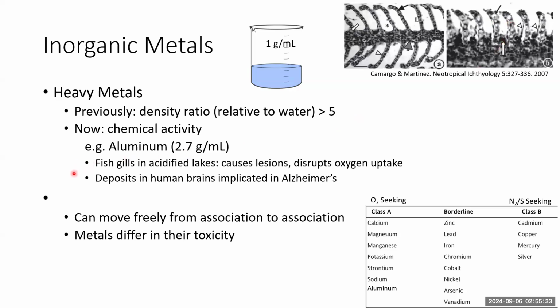This is absolutely not my field of expertise, and I have not dug into the literature extensively, but there is a decent body of literature out there implicating aluminum deposits in human brains associated with Alzheimer's and other dementia-like diseases.